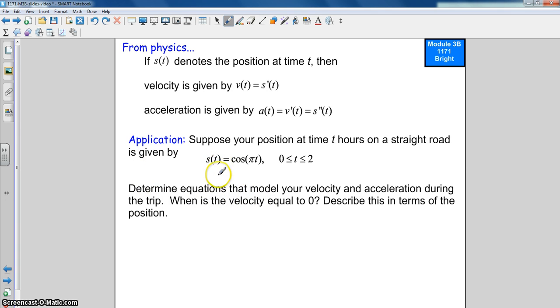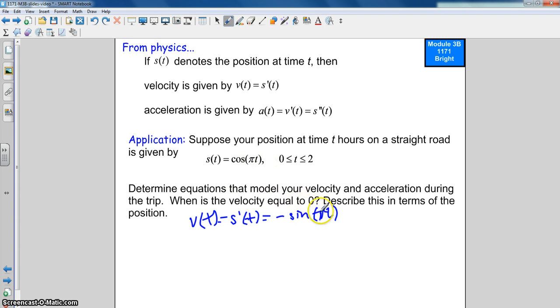So if this is position, then the velocity is again just going to be the first derivative. And so if I go through and find that, the derivative of cosine is minus sine, so minus sine of pi t. And here technically we have an inside function.